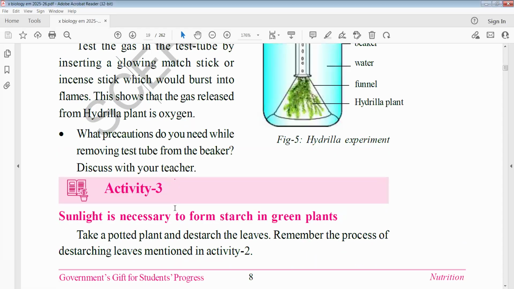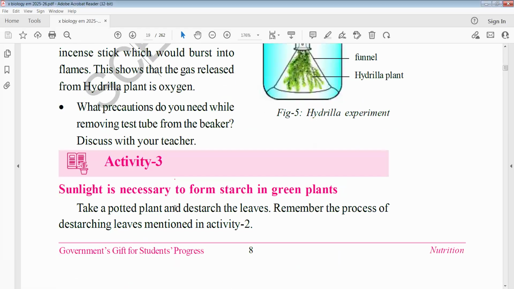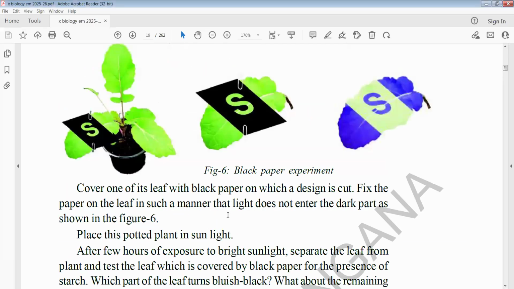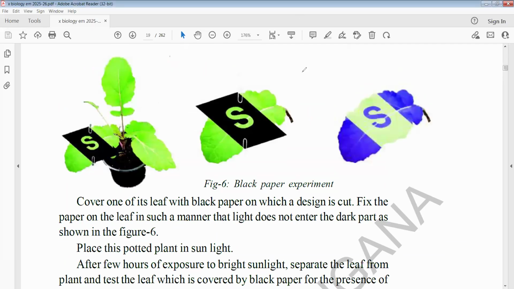And sunlight is necessary. This is another experiment, also called the light screen experiment. Sunlight is essential for photosynthesis, and this experiment proves it. Here you can see that we need a potted plant with broad leaves and one light screen which has a cut design.